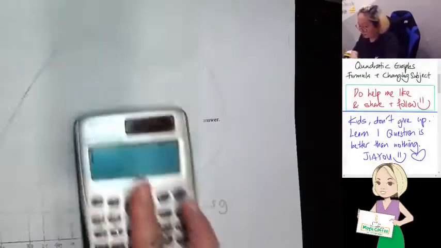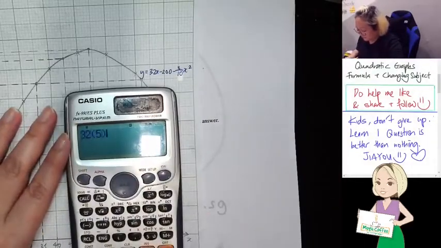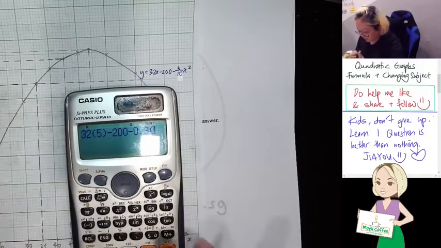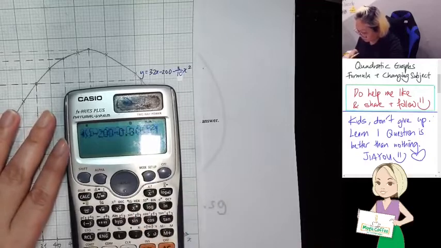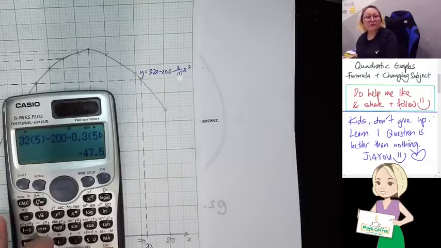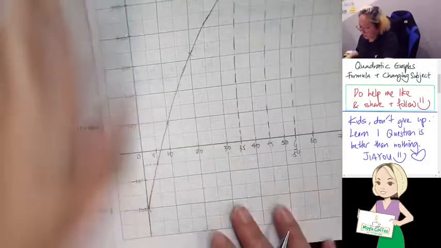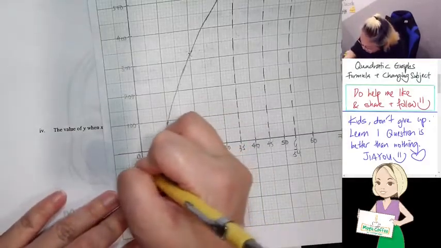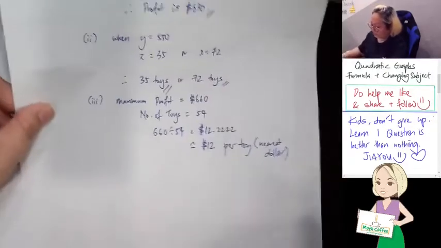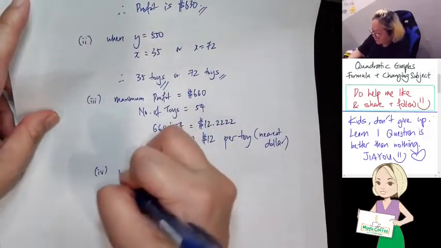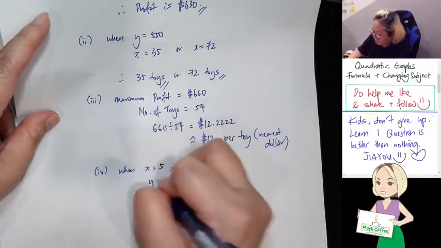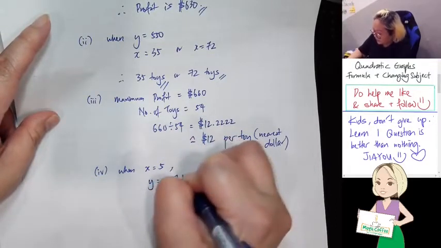Let's go back to this one: 32 times 5 minus 200 minus 0.3 bracket 5 and then square, minus 47.5. So I know this one is minus 47.5. So for IV, when my x is equal to 5, my y is equal to negative 47.5.